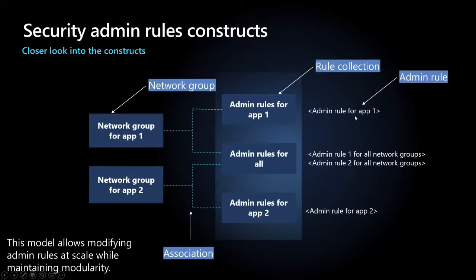Okay, so for example, in this diagram, I want to create admin rule specifically for application 1, and I place that in the rule collection for application 1. You can do the same for application 2 as well. And what's more, you can create some common rules that should be applied to all network groups, right? You can see the rule collection in the middle.